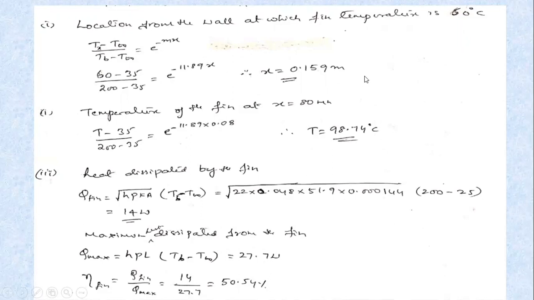From this, we get x: at 0.159 meters, the temperature will be 60 degrees on the fin.